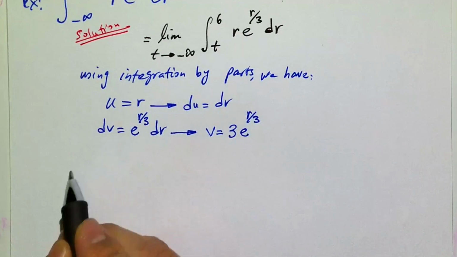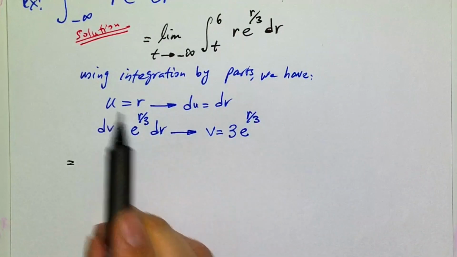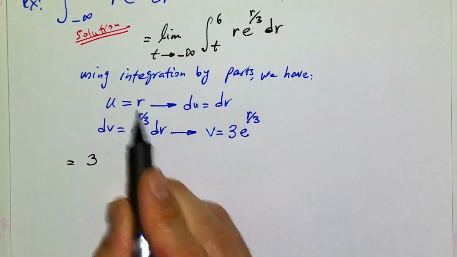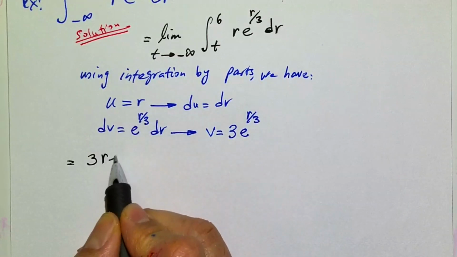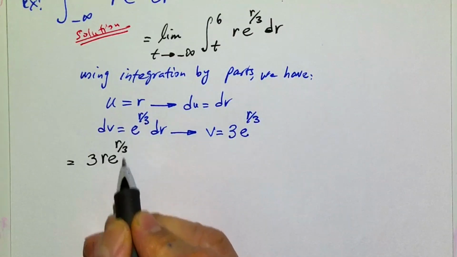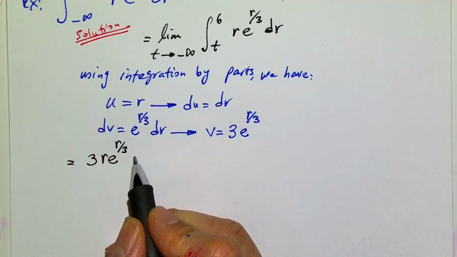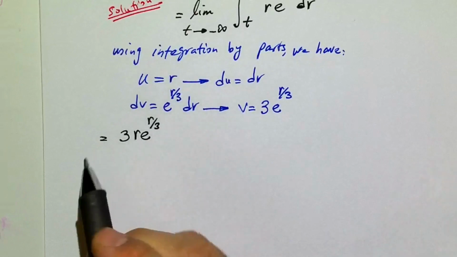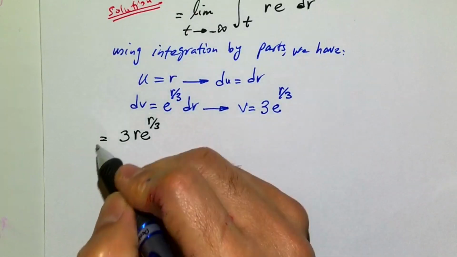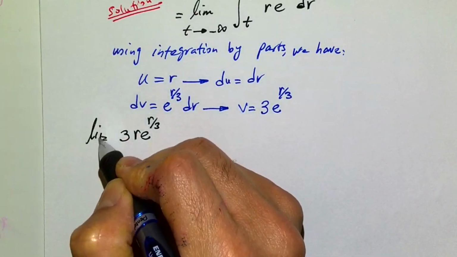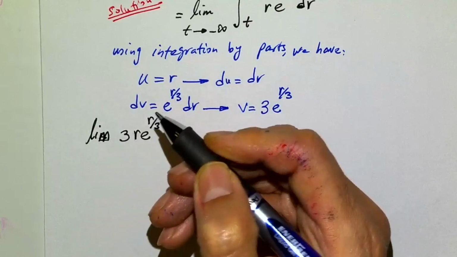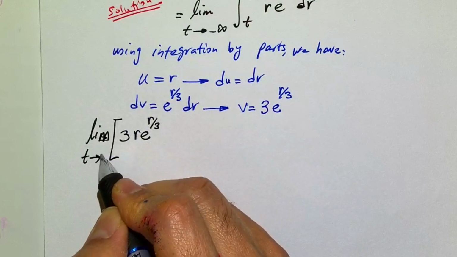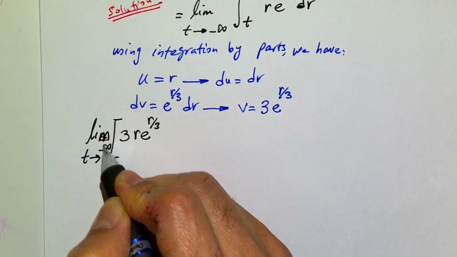We have uv, first of all, so 3r e to the r divided by 3, and I didn't leave room for myself to put the limit, so let me do that here. Limit as t goes to negative infinity.